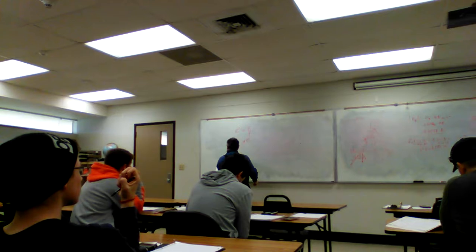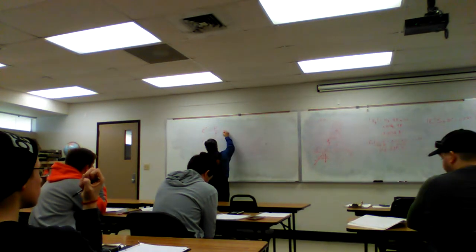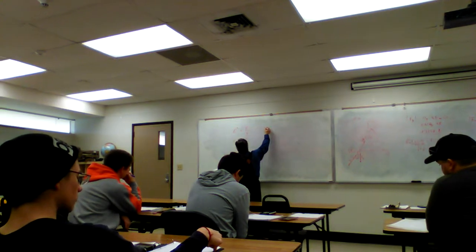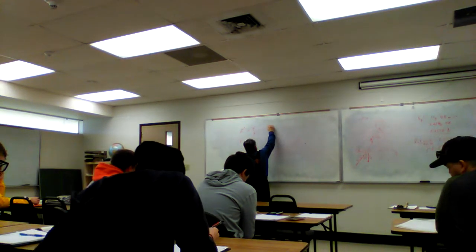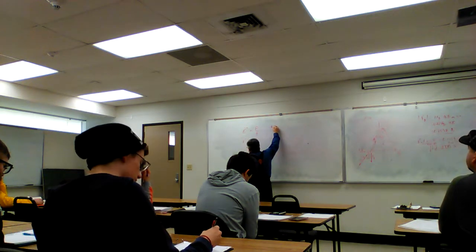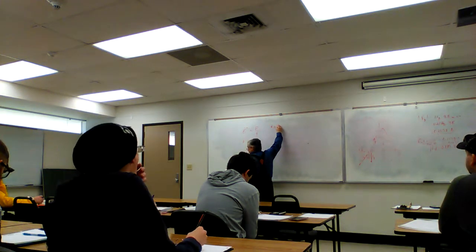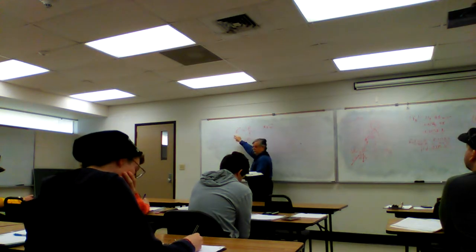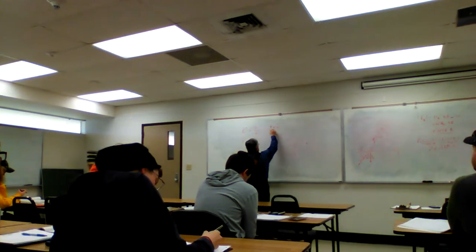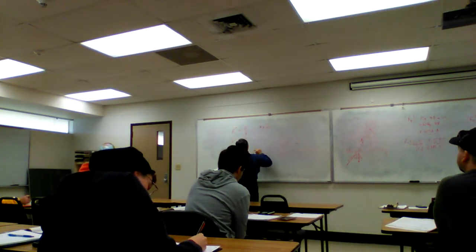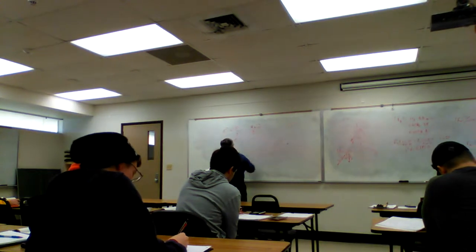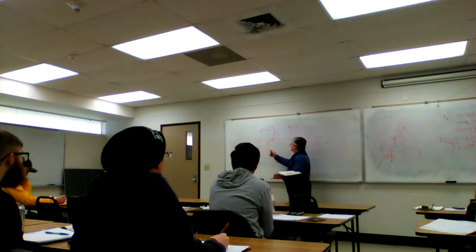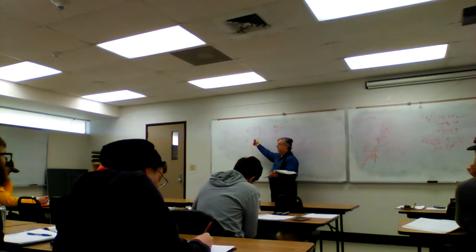Going back to this top one, using Coulomb's law, we can write this force as the constant K times Q times the charge that's generating the E field divided by R squared. And then divide that by Q. And we see what happens. The Q's of the test particle that's being tested cancel out.